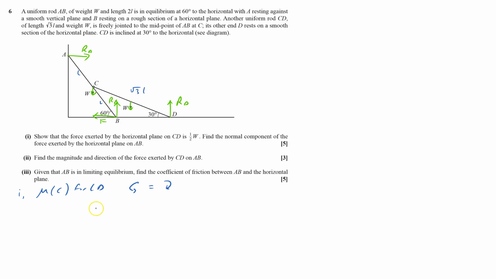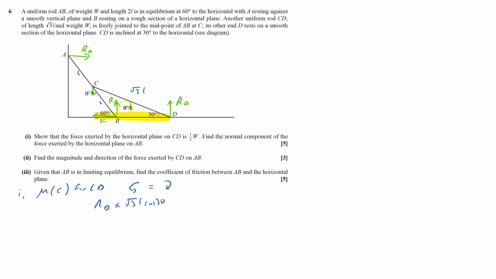The anti-clockwise will be RD times the distance. And the distance we've got is the perpendicular distance, so that will go all the way to there. That's the distance we're after.